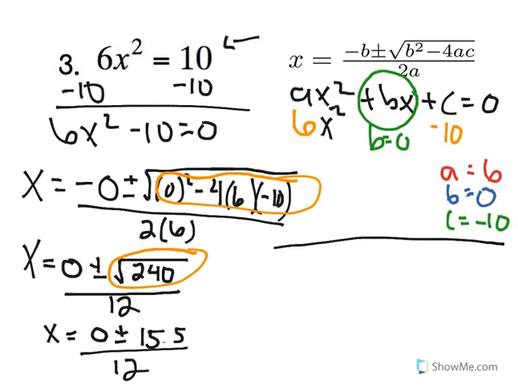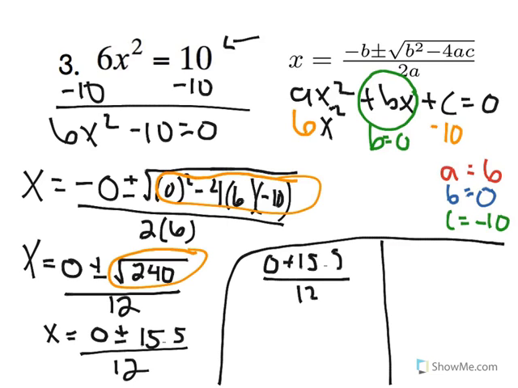This is the point where we're going to make two equations, one with our plus sign, one with our minus sign. So we'll have 0 plus 15.5 divided by 12, and we'll have 0 minus 15.5 divided by 12.